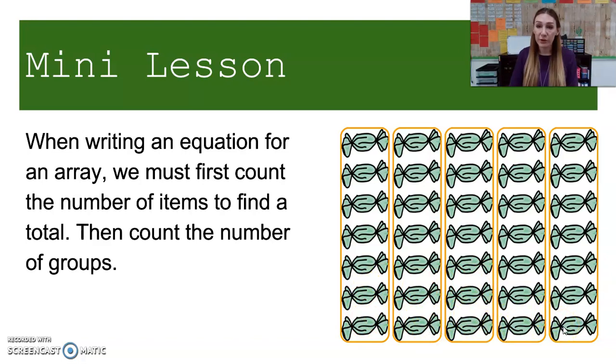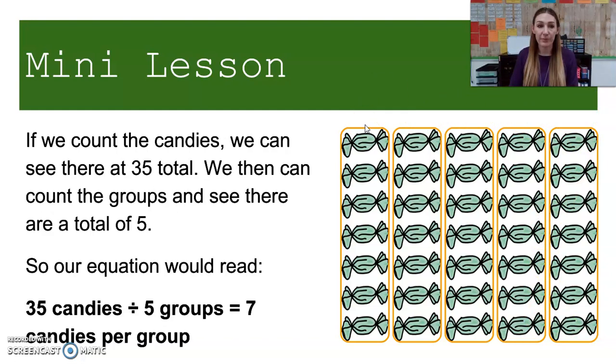So I have a total of 35, and I have 1, 2, 3, 4, 5 groups. So we see that there are 35 total. We then can count the groups, which we counted 5. So our equation would read 35 candies divided into 5 groups is going to leave us with 7 candies per group.